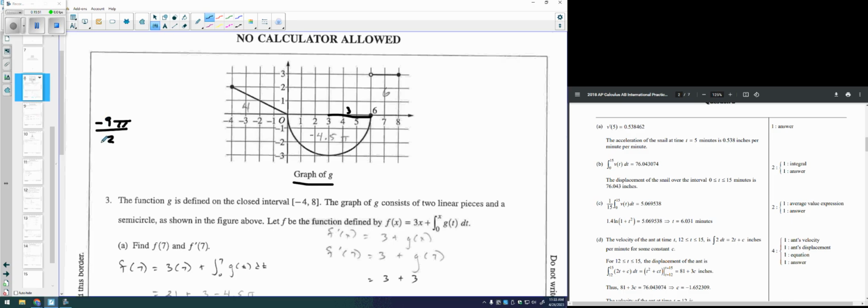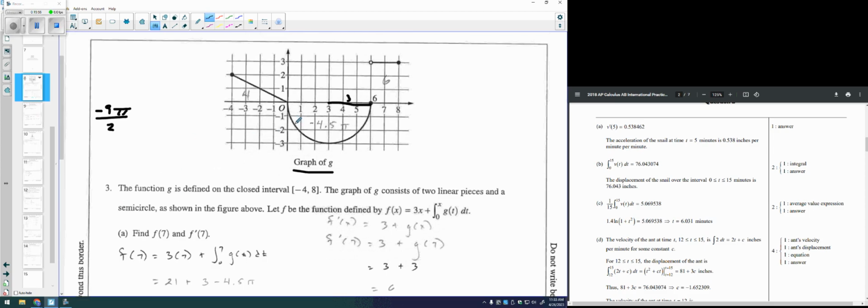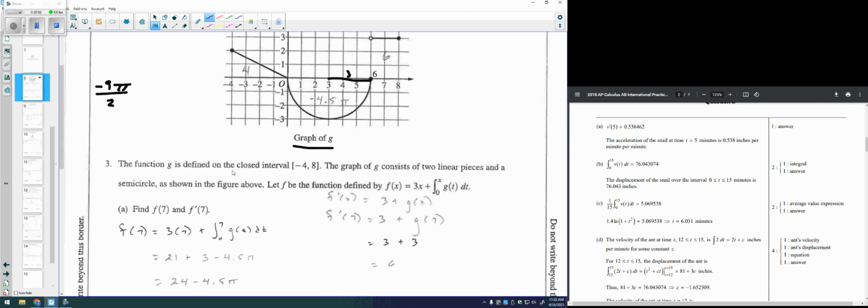Then when I jump down here, this right here is the integral from 6 to 7. So I have 1, 2, 3 squares. So my area from 0 to 7 is 3 minus 4.5 pi. Add that to the 21 from the first part of my definition, and there is my f of 7.